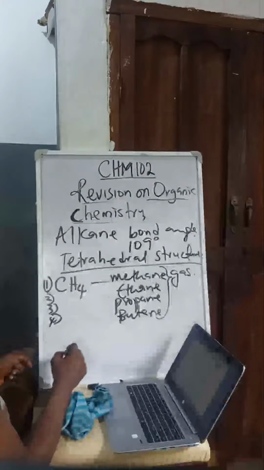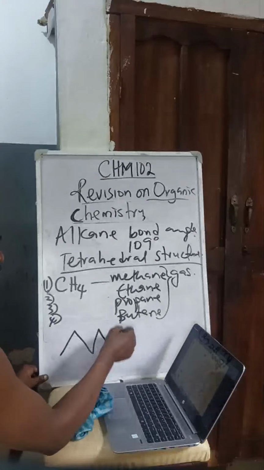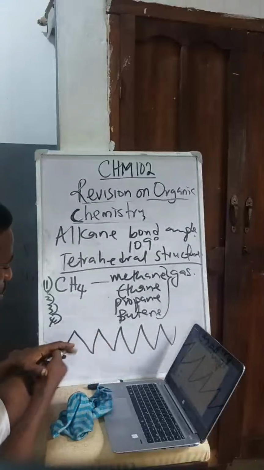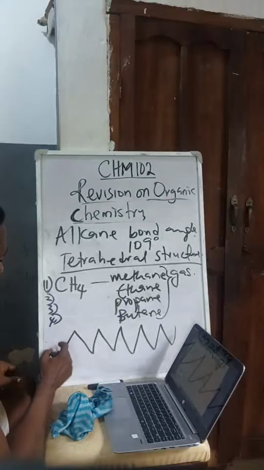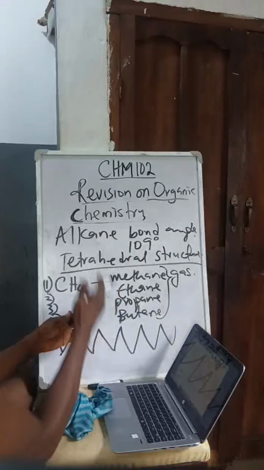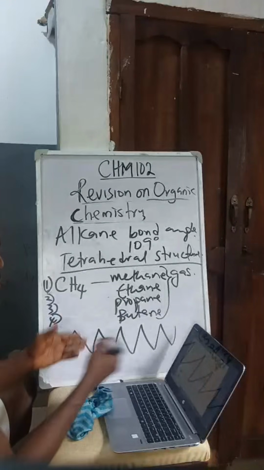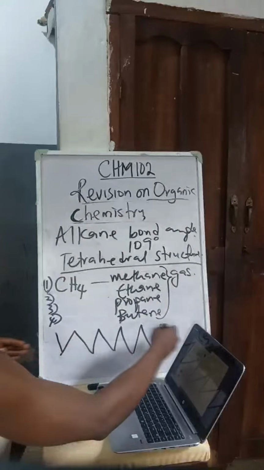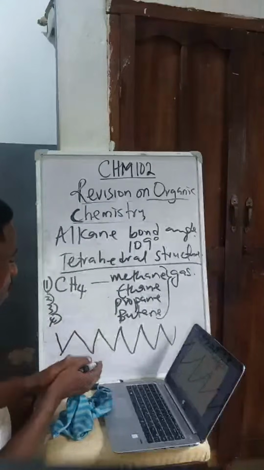Now, we can have very large organic compounds, very large alkanes. These alkanes can be broken down into simpler alkanes. The process of breaking large alkanes into smaller alkanes is called cracking.